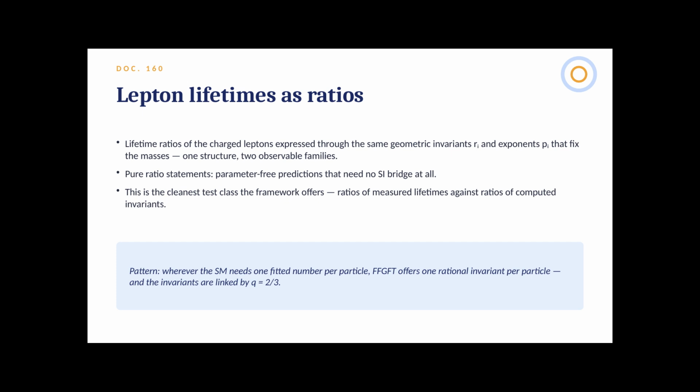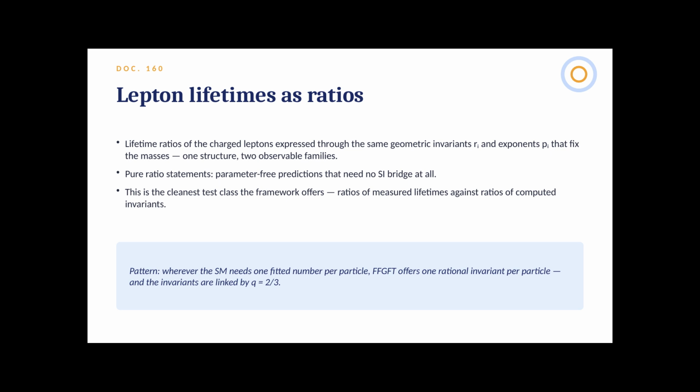Slide 30. Here's a particularly clean test. The lifetimes of the charged leptons can be expressed with the very same geometric invariants, the r's and the Greek x powers, the p's, that fix their masses. One structure, two different families of observables. These are pure ratio statements, parameter-free predictions that need no SI bridge at all, which makes them the cleanest test the framework offers.